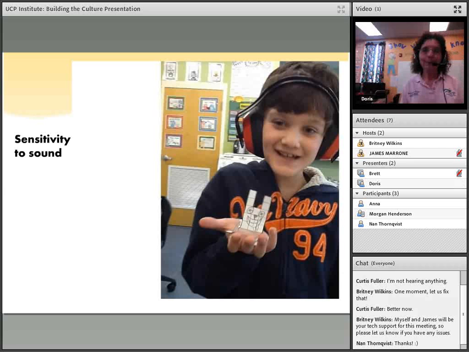Sensitivity to sound. We all know that learning sometimes is not quiet. But for some children, learning has to be more quiet because the sound that comes in is different, and it activates things that get them aggravated. And so sometimes the scratching of chairs on the floor is something way easy to ignore and all the other kids can too.